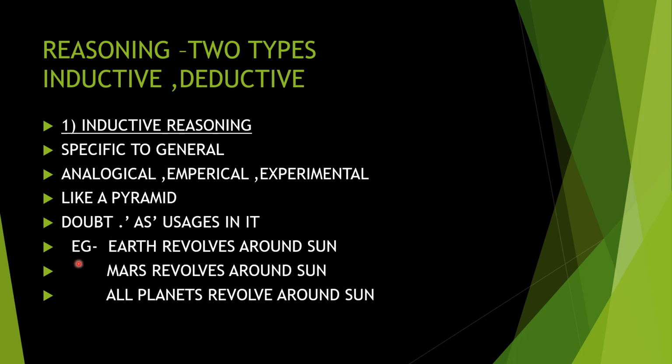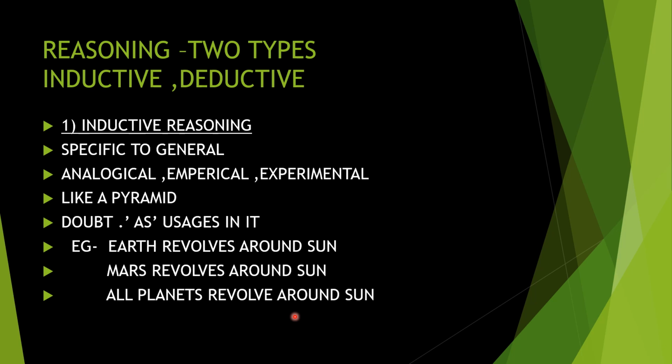An example to make it easy to understand how we find inductive reasoning, from specific to general. Earth revolves around the sun. You know that the Earth is going around the sun. Mars revolves around the sun. That also we know. All planets revolve around the sun. First they talked about specific planets, Earth is a planet, Mars is a planet.